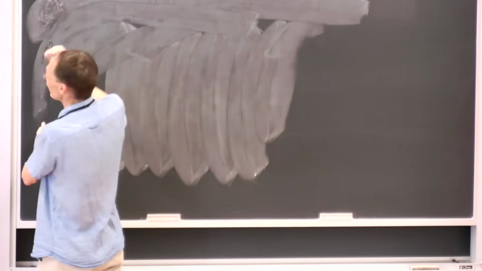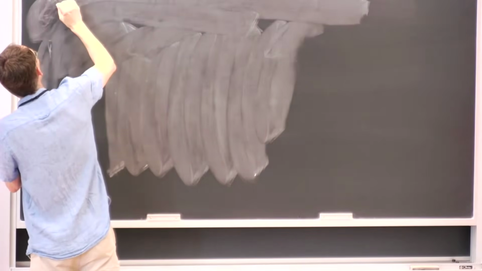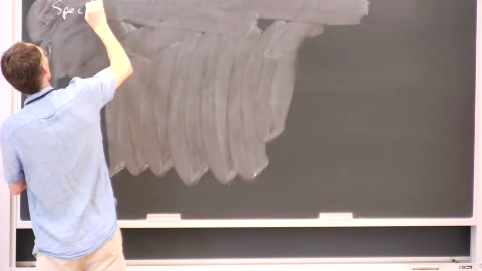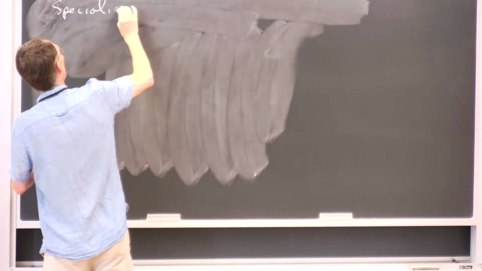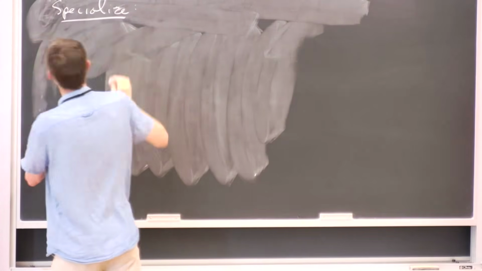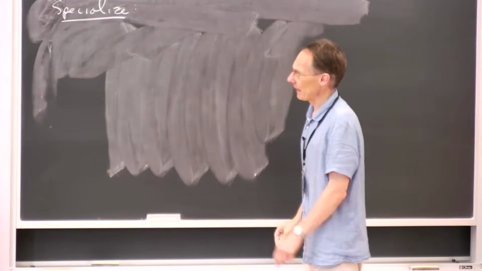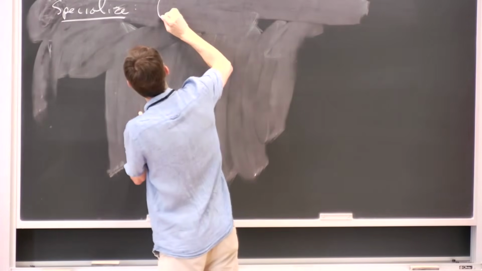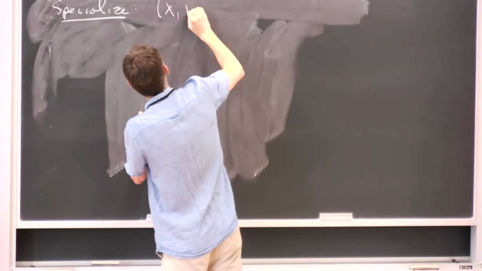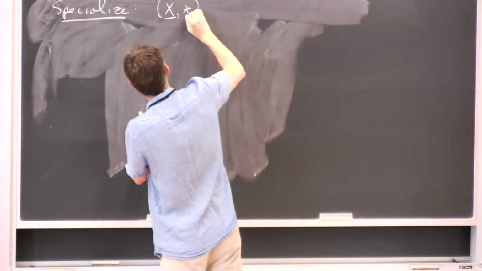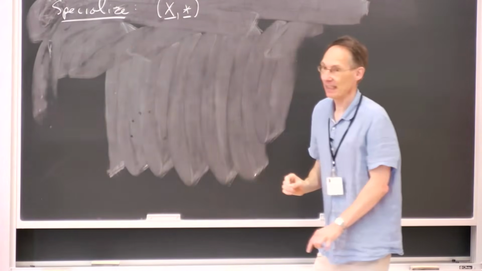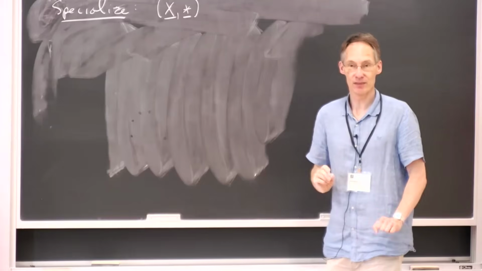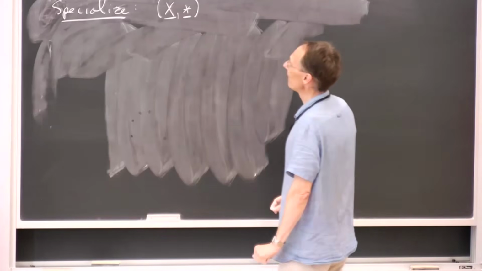But to see this in an example, let's specialize a bit. Let's look at pairs of the form (X, star) instead of (X, A), just because the point's easier to deal with.